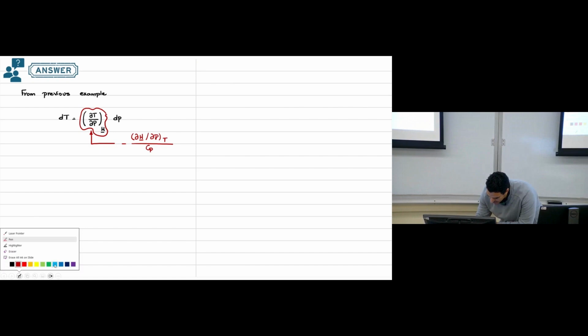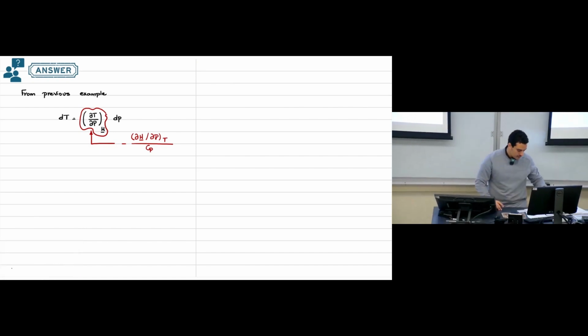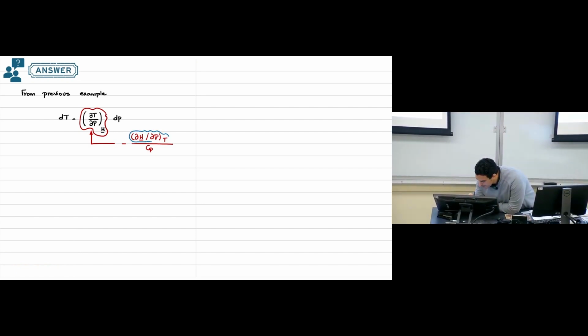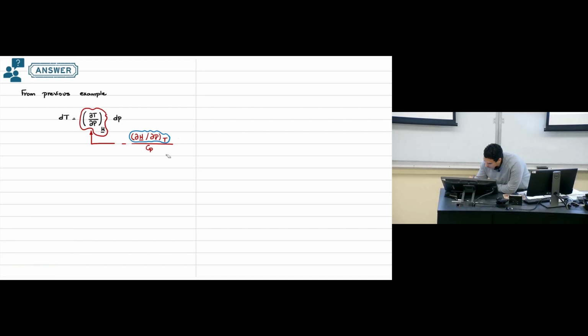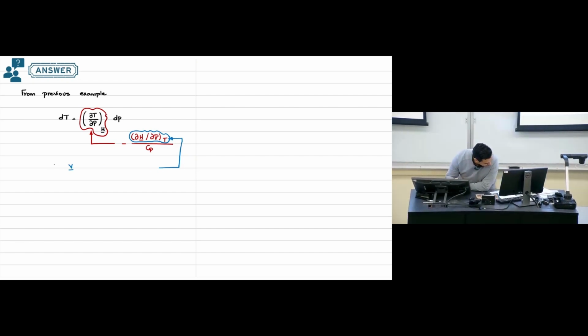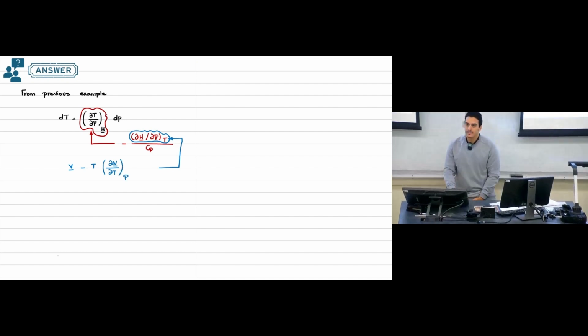And this last partial derivative, dH by dP at constant temperature, from the expansion rule equals V minus T dV by dT at constant pressure.